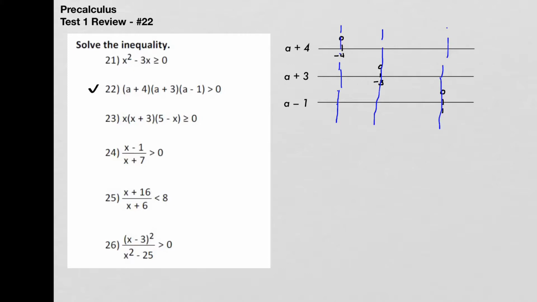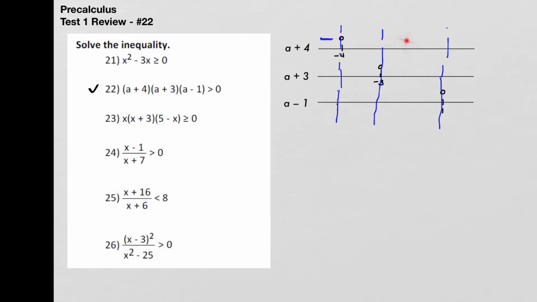So I'll start with a plus 4, and what happens if the value of a is less than -4? For example, it could be -5. If I plug that in, -5 plus 4 gives me a -1. So we have a negative less than -4. And here's where 0 is. So on one side of 0, you have negative.